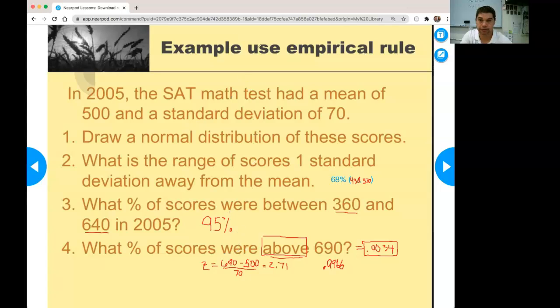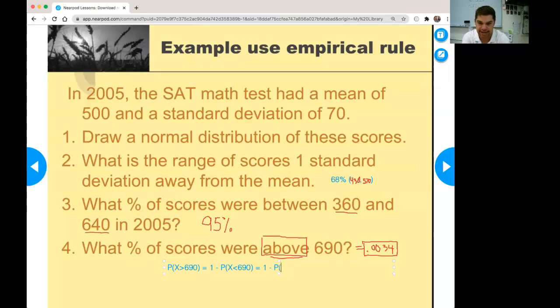Let's see here. I want to get into a little notation right now. It says, what percent of scores were above 690? Here's notation. Probability X is greater than 690 equals 1 minus probability X is less than 690. Again, we'll do this a few times so you can get used to notation. 1 minus, then I transform it into a z-score.